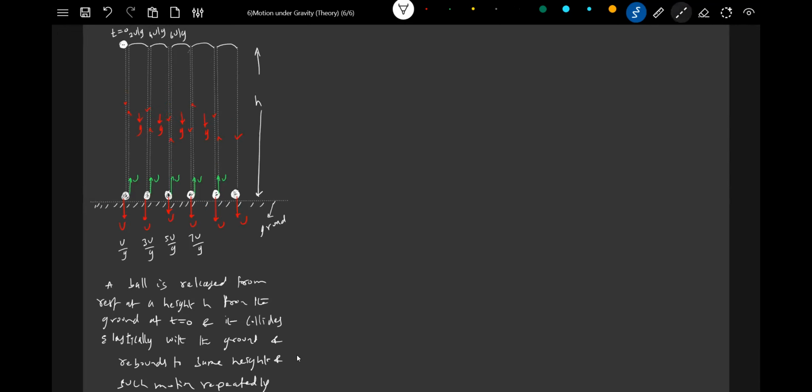Let's plot the graphs again. For the first part it will undergo this. It is released from rest. You have to be a little careful when you are plotting the graph.